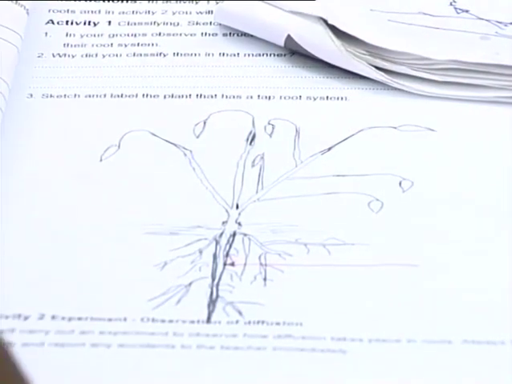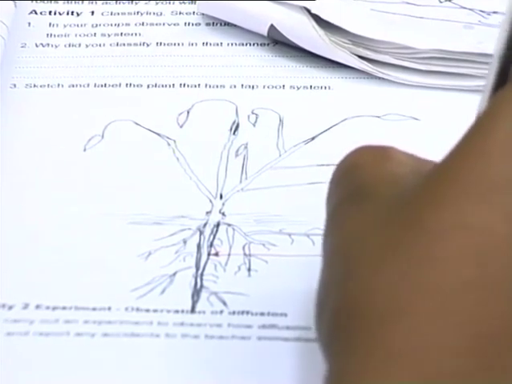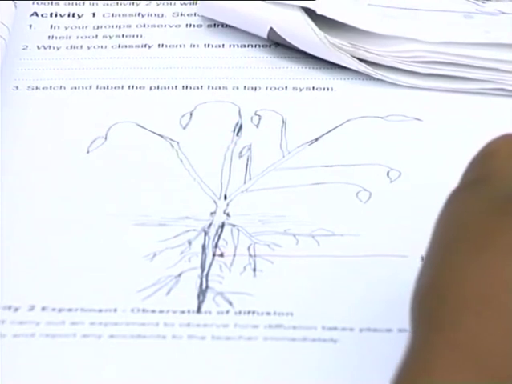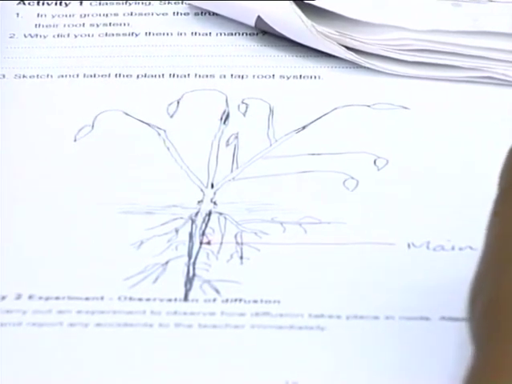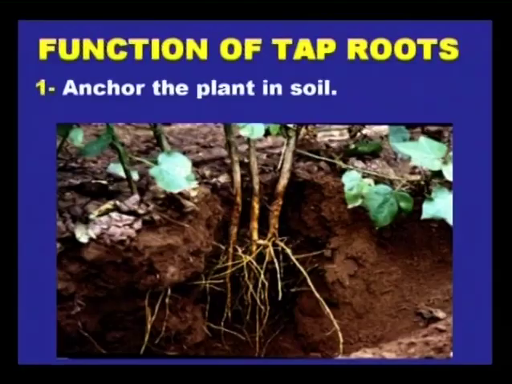All those taproots there have their function. Now, taproots have about three main functions, and one is to anchor the plant in the soil. You can see there an example up here on the screen. You can see that somehow erosion of the soil has taken place and the roots are left bare.